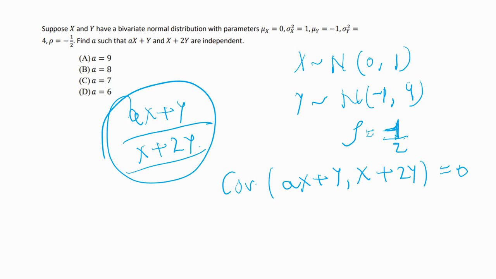Okay, then we can do it in this way: we can find expectation of ax plus y times x plus 2y minus expectation of ax plus y and expectation of x plus 2y.